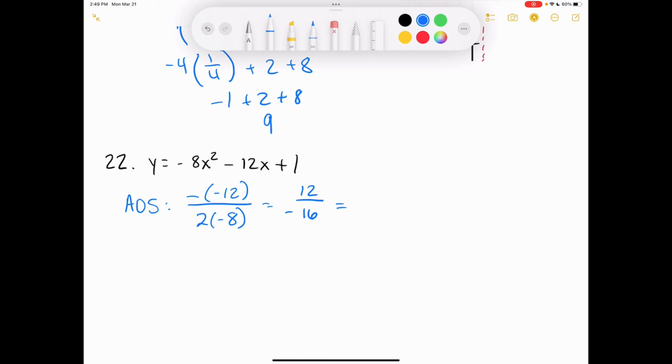You can take out a 4, so it's going to be negative 3/4. So that's my x, my axis of symmetry there. So then my vertex is at negative 3/4 and, well, we have to find it.